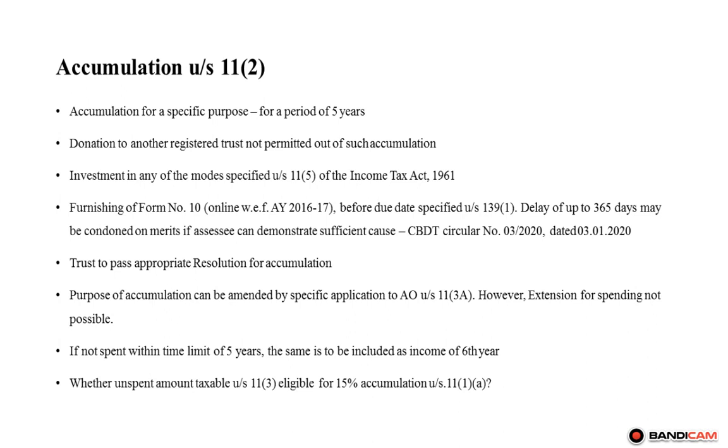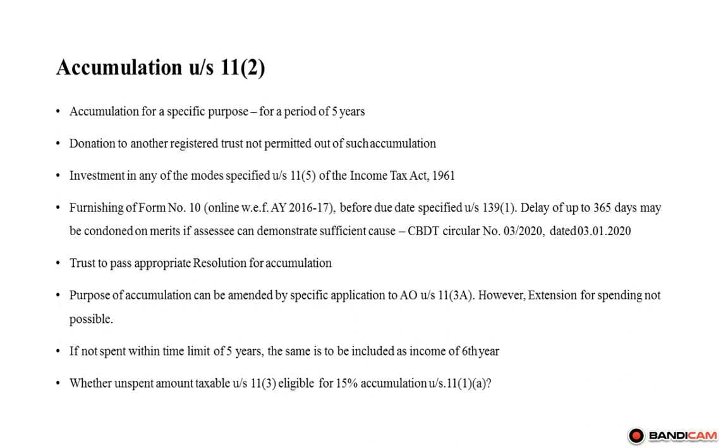Investment can be made by the trust only in the mode given by the Income Tax Act 1961. So a specific mode is given by the Income Tax Act, and the trust can invest their accumulation fund in the prescribed modes of investment. Got it? Then furnishing of form number 10 online with effect from 2016-17 before due date specified under section 139.